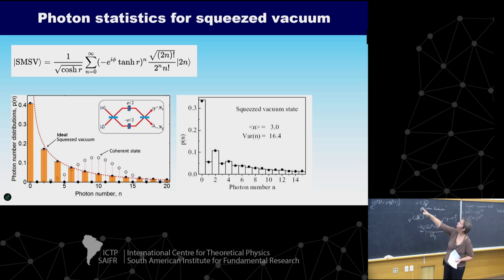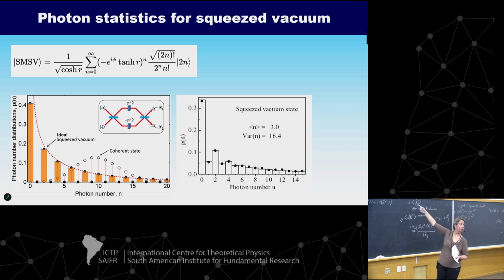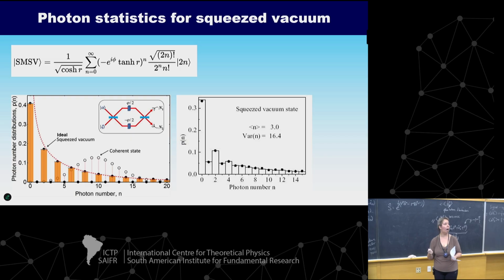You can see the difference between the ideal and real. You can certainly see the disparity between the even and odd number of photon states, but they're definitely not as dramatic. And that's why the losses are so bad. Because as soon as you start removing even a little bit of the photons out, you break this asymmetry between the two states.